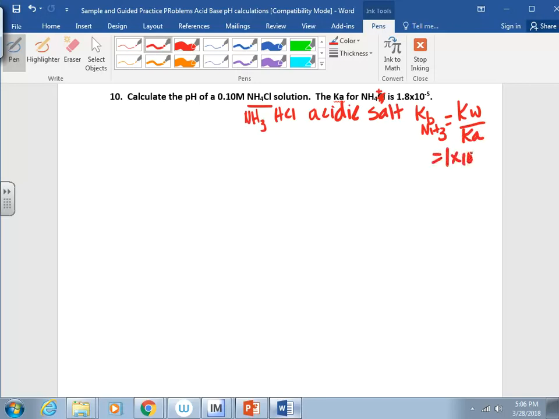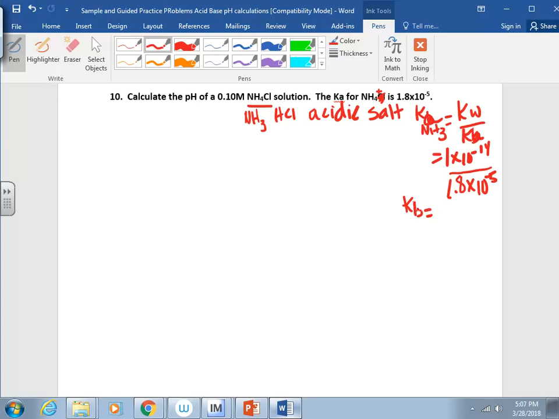1 times 10 to the negative 14 divided by 1.8 times 10 to the negative 5. That gives us our Kb. We're going to need this later, so you always have to calculate this. Sorry, this should be Ka. And that'll be Kb.